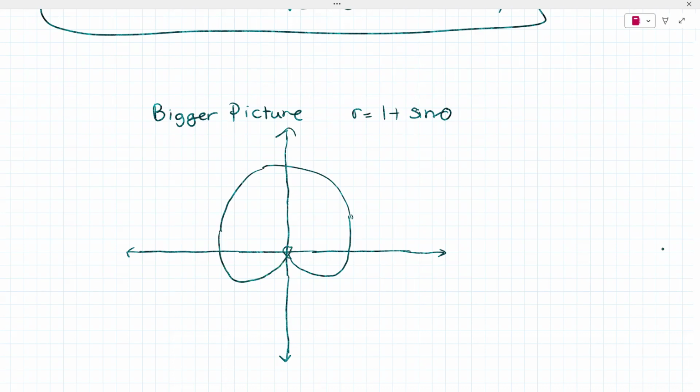And then your theta, if your theta was pi over 4, right, here's pi over 4. Here's pi over 6. It's pi over 3.